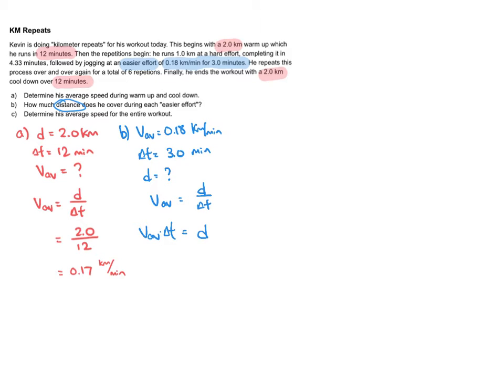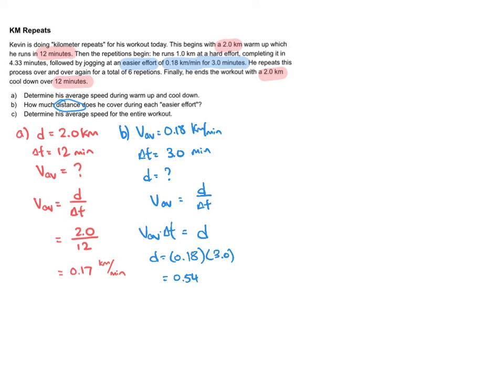I can substitute the values. That would be 0.18 times 3.0. And that would be 0.54. 2 significant figures. I don't have to do any rounding because it's supposed to have 2 significant figures.